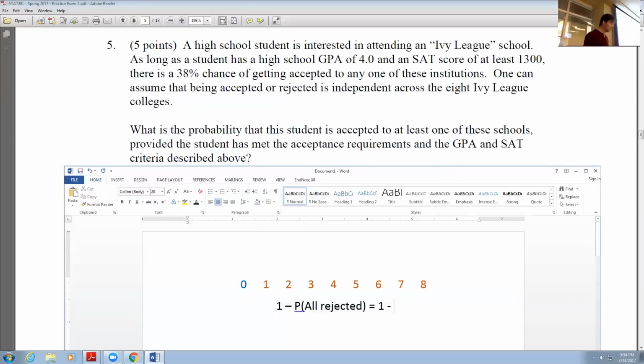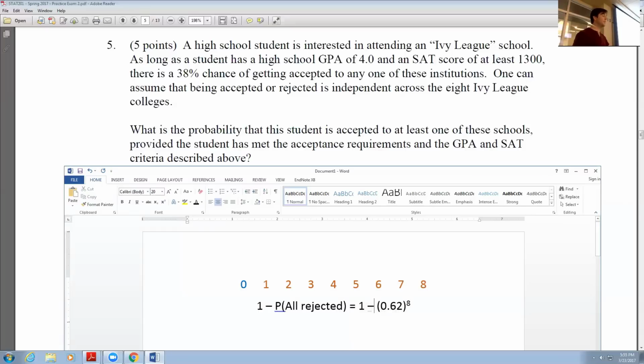What is the probability of them all rejecting you? What's the probability of 1 rejecting you? Nice job online. There's the probability of 8 rejecting you, because either 8 will reject you or not, correct?